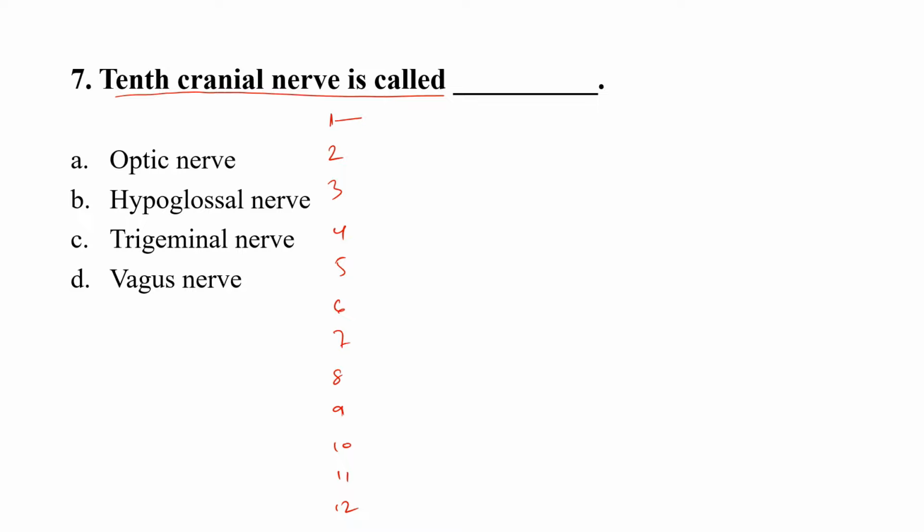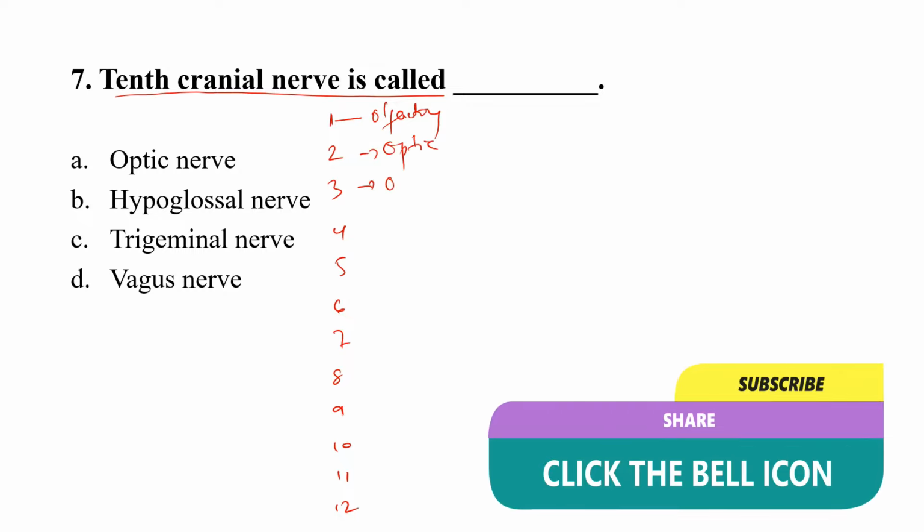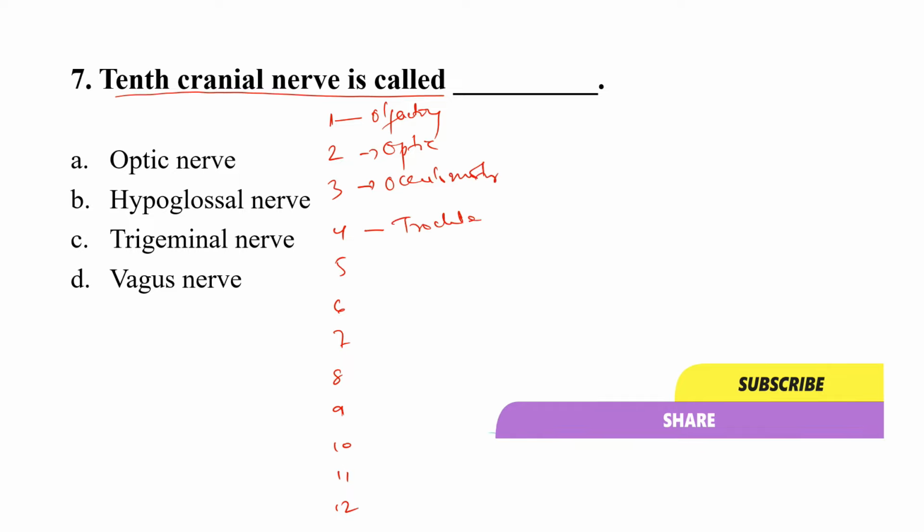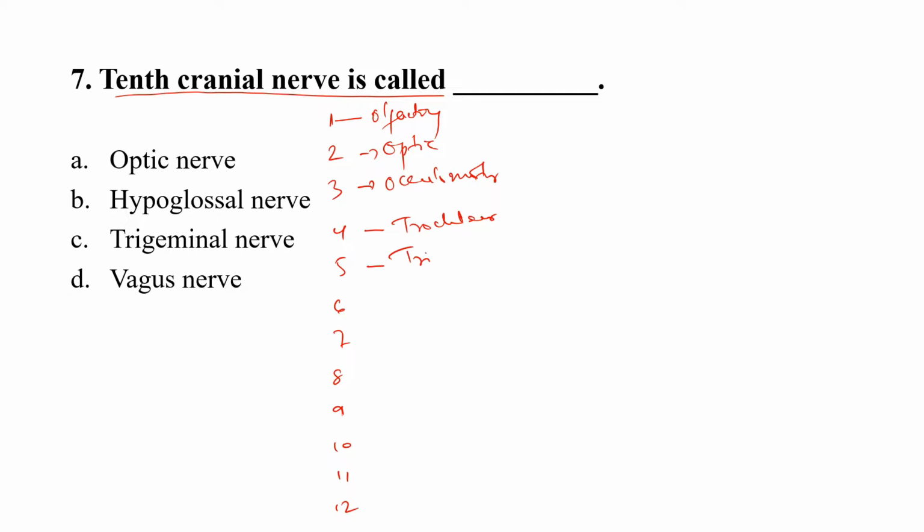First one is the olfactory. Second one is optic. Third one is oculomotor. Fourth one is trochlear. Fifth one is trigeminal.